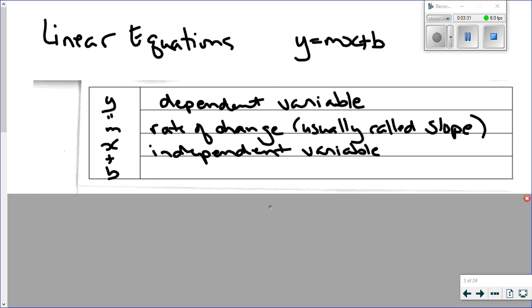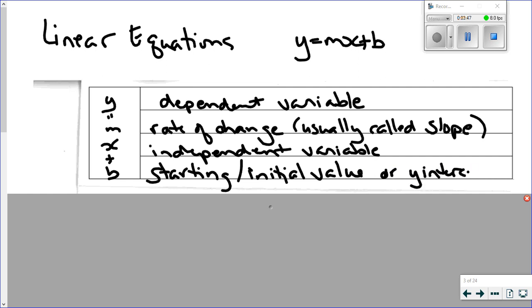Speaking of b, it is our starting value. Or it's considered our y-intercept. Now, more on that in a little bit.